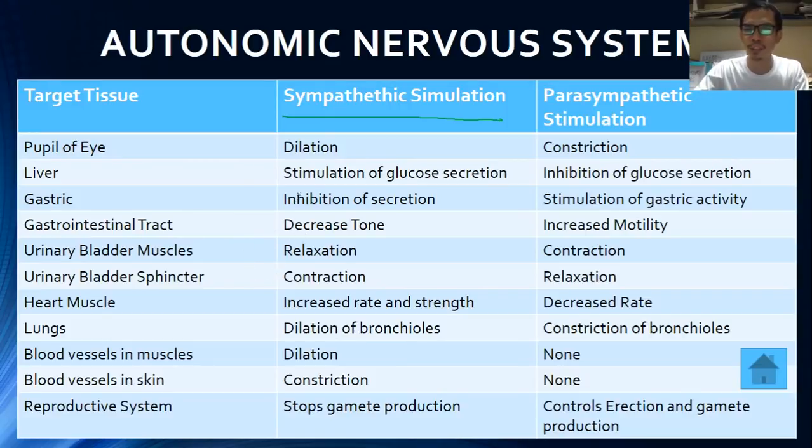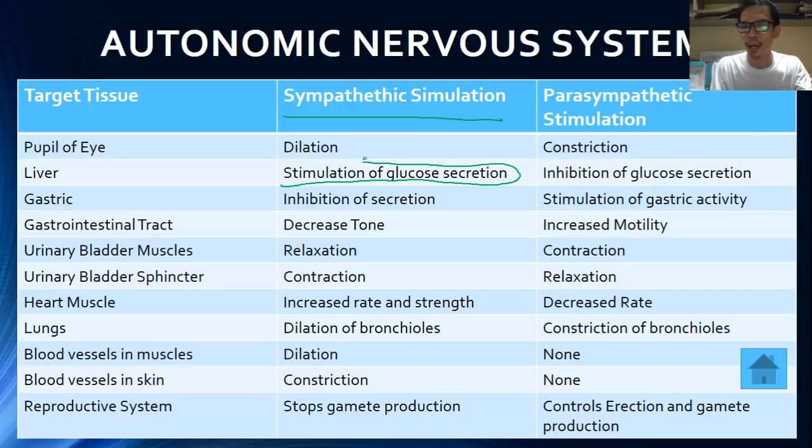Your eyes will dilate to allow more light to enter. Your liver will be stimulated to secrete glucose so that the muscles of your body will be in constant function or constant motion, for that particular emergency situation.